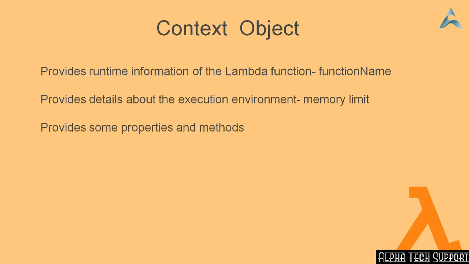It provides some properties and methods as well that can be used for coding Lambda functions in any of the languages, like Python, Ruby, Node.js, JavaScript, Java, and other languages.